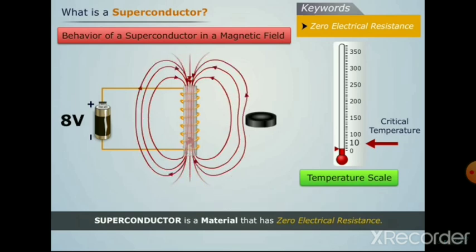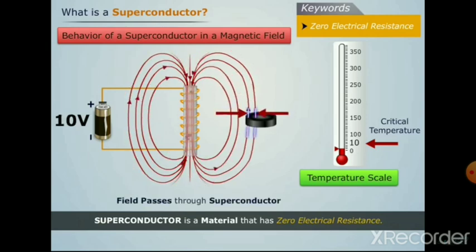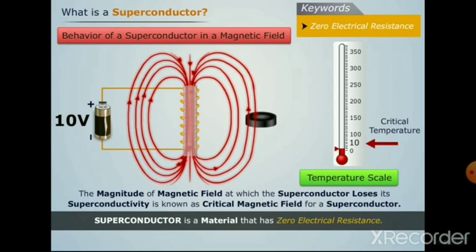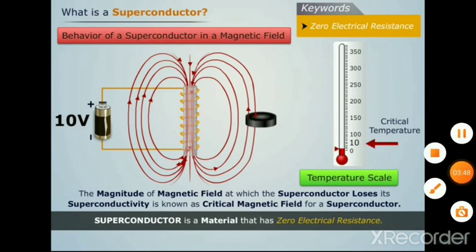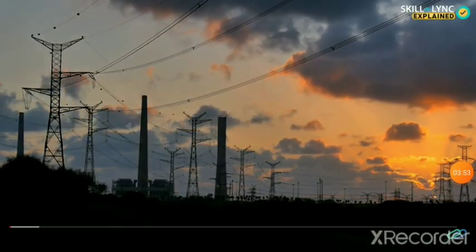Now, if we keep increasing the intensity of the magnetic field, a stage comes when the magnetic field penetrates through the superconductor, thus destroying its superconductivity. The magnitude of the magnetic field at which the superconductor loses its superconductivity is known as the critical magnetic field for a superconductor.